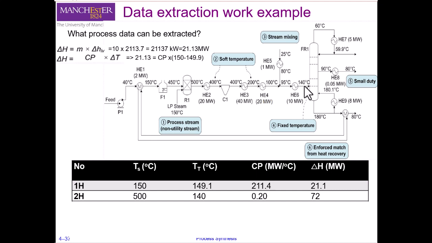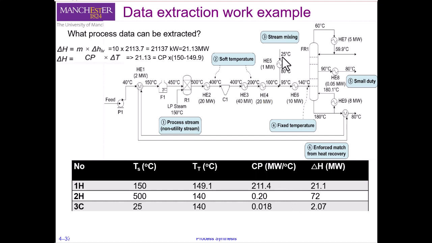Next we have the stream mixing. Here again we are not considering the mixing of these non-isothermal streams, so we are going to take them as separate. We are going to use a stream going from 25 degrees centigrade directly to a target temperature of 140 degrees centigrade, and that is our third stream.